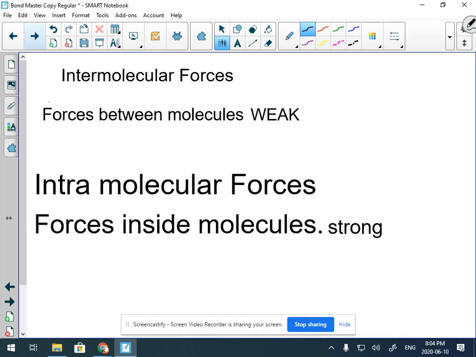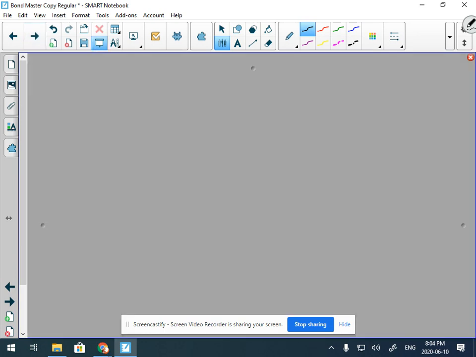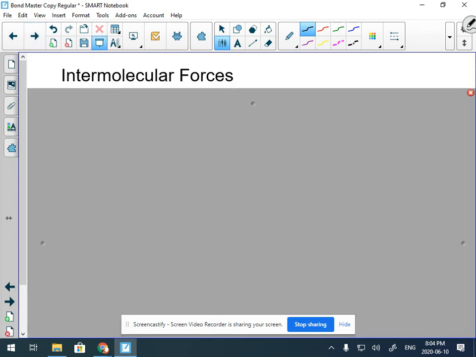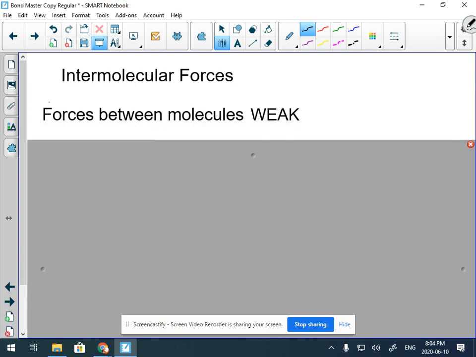Okay, so there are two different types of forces, and these are intermolecular forces. Intermolecular forces are forces between molecules. We haven't talked about intermolecular forces yet because these are really weak forces.